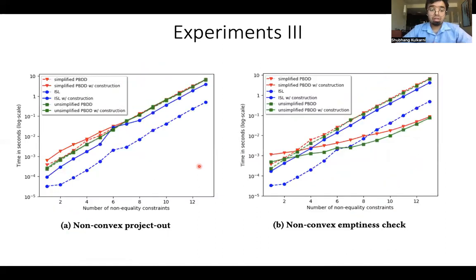All right, and our final type of experiments are the project out and emptiness checks. So these are non-trivial set operations that we perform on both the ISL and PBDD representations. Here we actually find that the ISL representations perform faster than the PBDD representations when we just restrict our attention to the base operations of project out and emptiness.